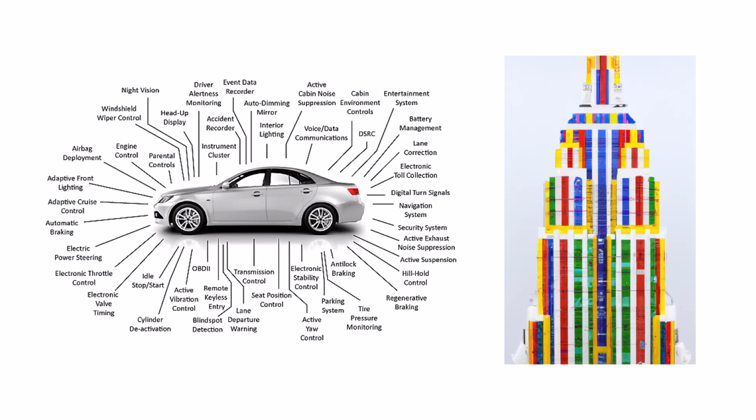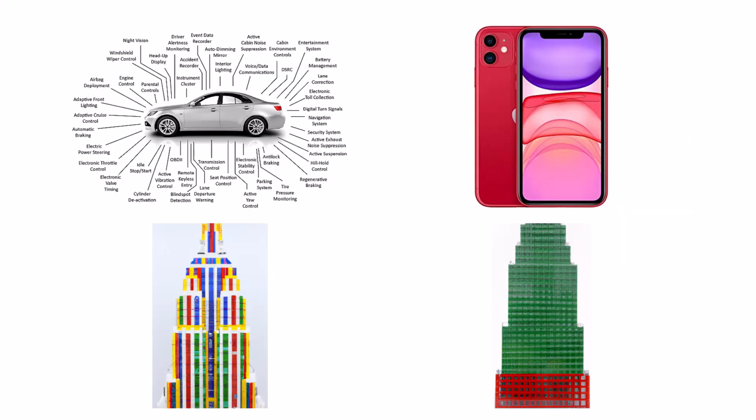This is how the building will look with respect to the Lego blocks. Red denotes one supplier, white denotes another supplier, green denotes some other supplier, you have blue. So you have a lot of players just to build one single car. Okay. So this is how the architecture looks.